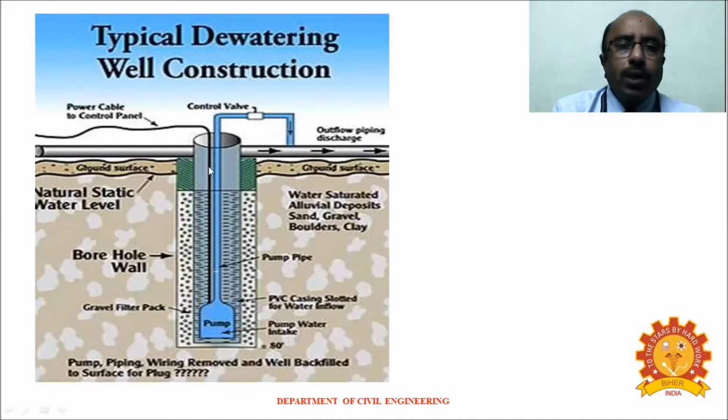Now when the pump pumps out the water through the pipe, it is connected to the header pipe so that it can be discharged through the header pipe to a longer distance. Thereby, the natural groundwater level reduces here, so we can do the excavation works or civil engineering applications there.